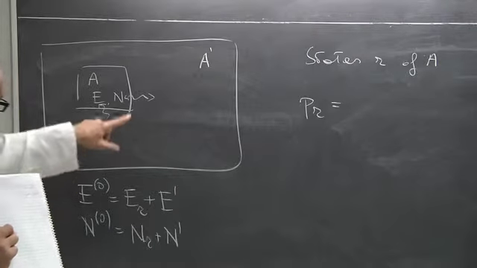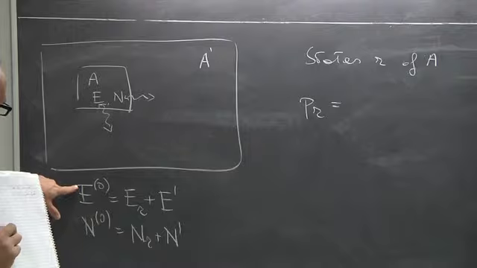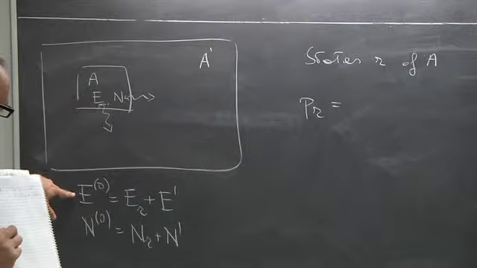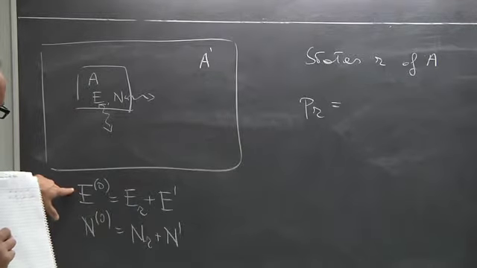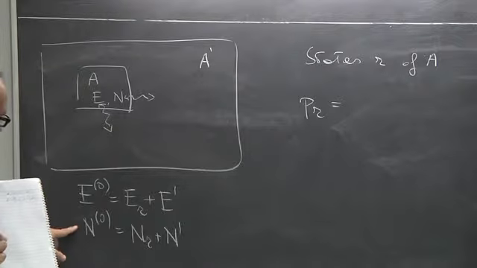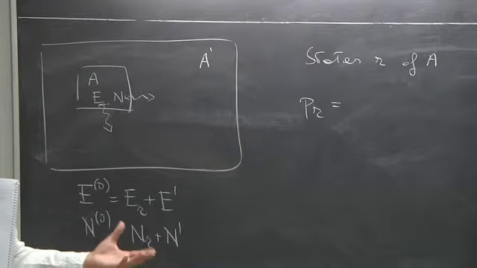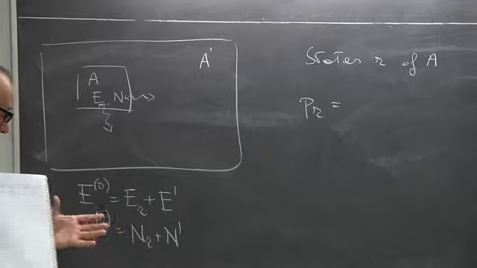proportional. So the probability to find a combined system in a microstate with energy E0 and number of particles N0 is equal to the number of microstates of the combined system.